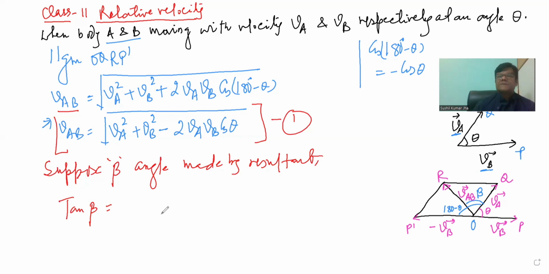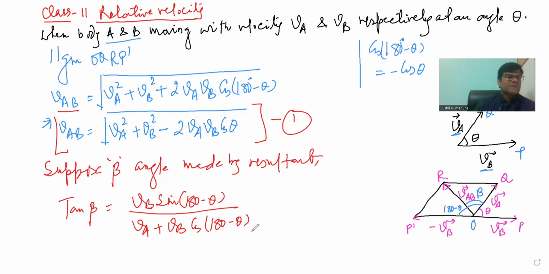So perpendicular is VB sine 180 minus theta, divided by VA plus VB cos 180 minus theta.